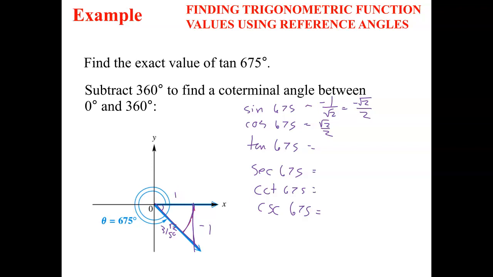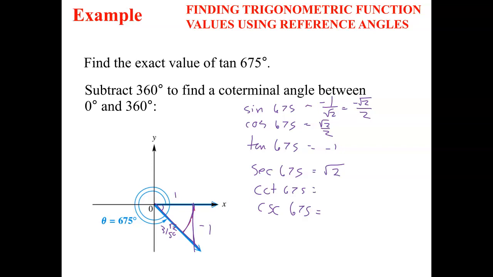Tangent. Negative 1. That one's negative 1 over 1. Secant. You were close. Oh, secant, positive root 2.